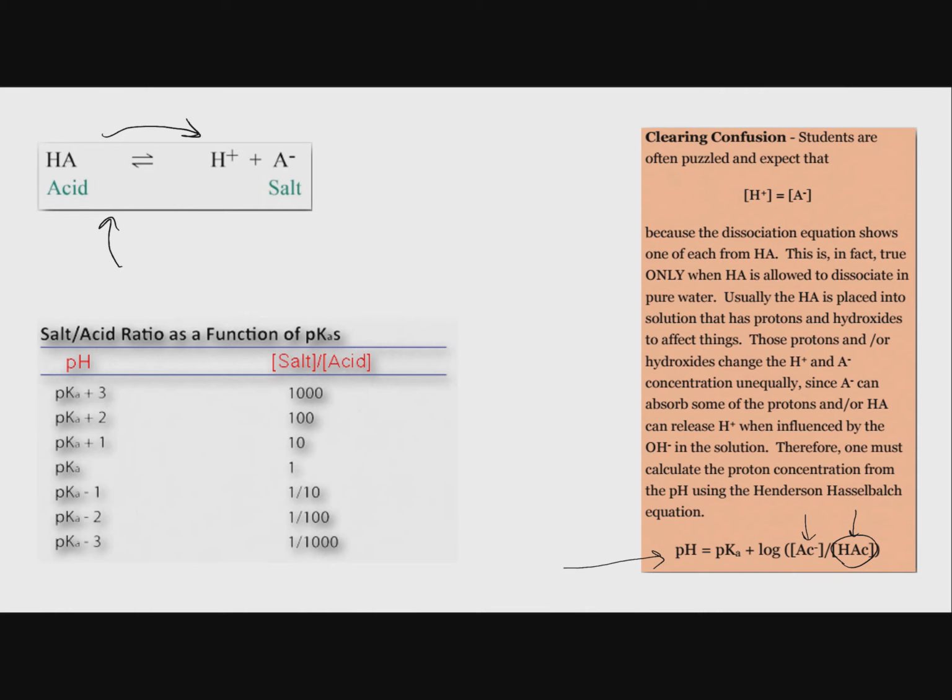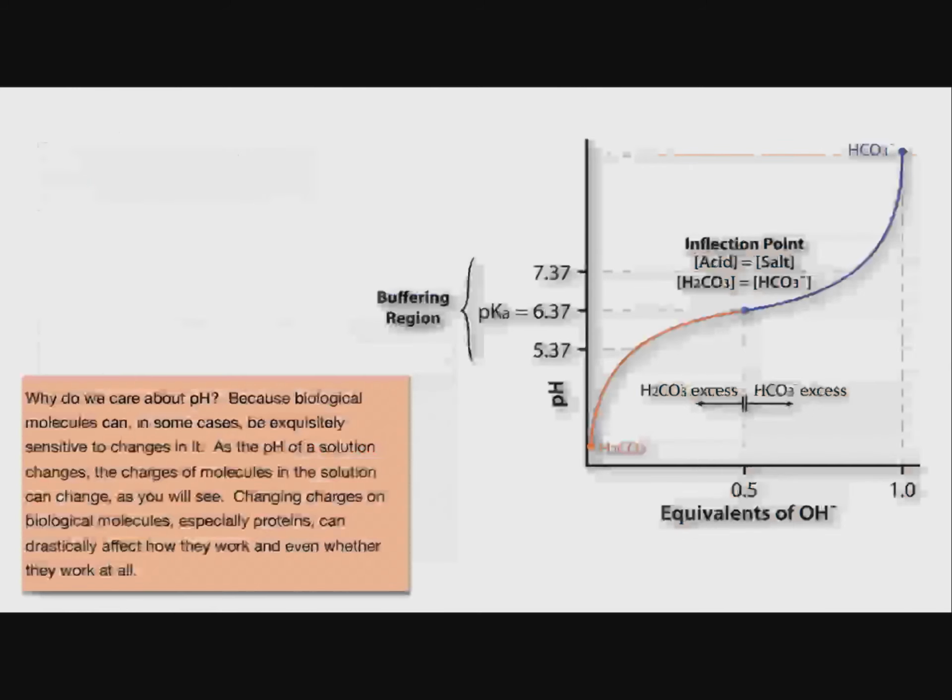Let's consider the bicarbonate carbonic acid system. I have a titration of that for us here. This shows what happens to H2CO3, carbonic acid, as it dissociates. Adding hydroxide ions by adding a strong base, such as sodium hydroxide, will cause the acid in the solution to lose its hydrogen ions, and those will react with the hydroxide to make water.